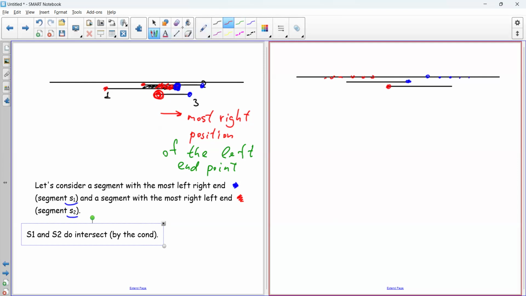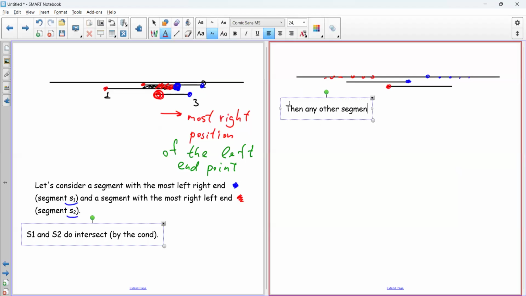Then the claim would be that any other segment contains the intersection of these two segments.